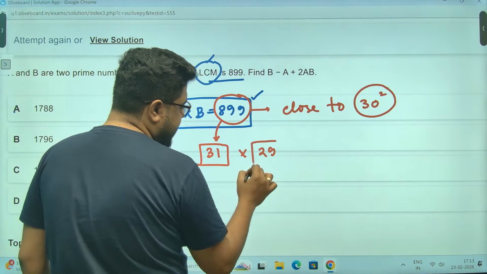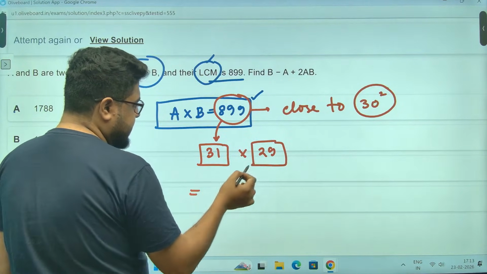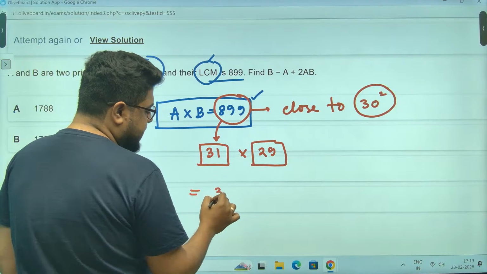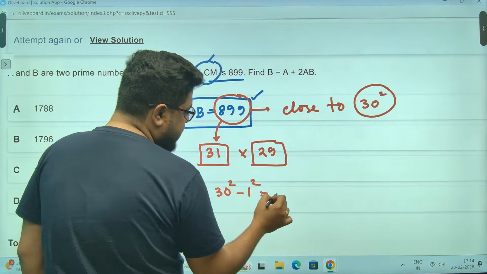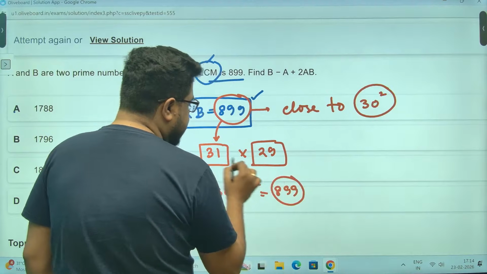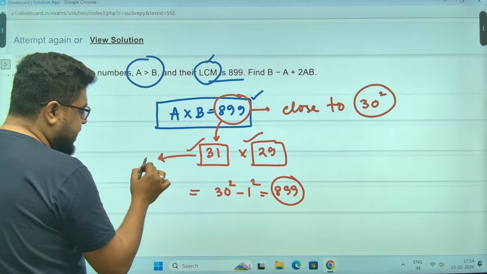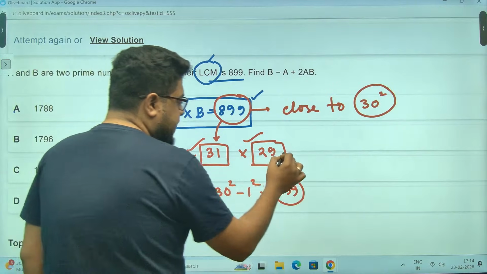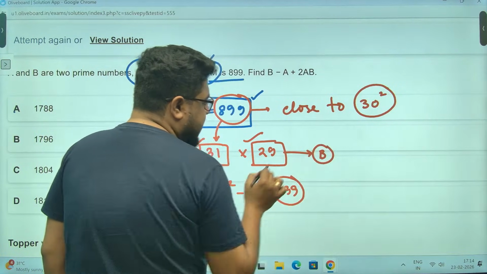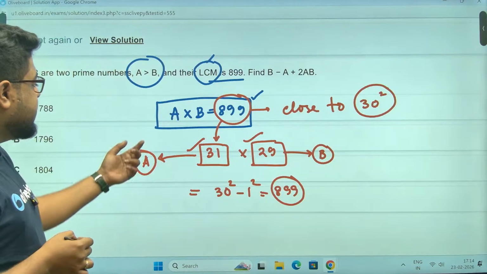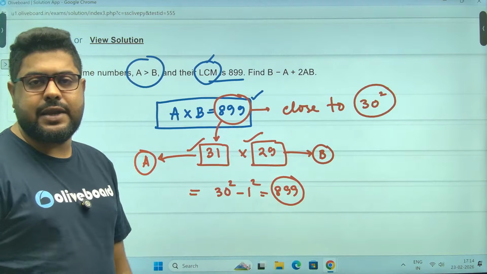I guess this is the pair. Calculate once again: 30 plus 1, 30 minus 1, 30 square minus 1 square, yes, sir, 899. So these are my A and B. Both are prime numbers. Just use a little bit of logic and your instincts. Because A is greater than B, 31 is A and 29 is B.